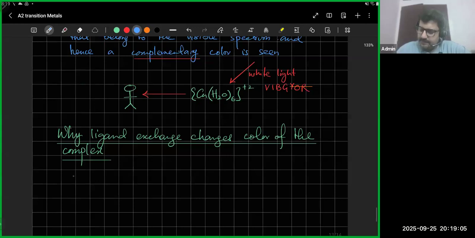What you're going to state is that different ligand lone pairs have different charge density.